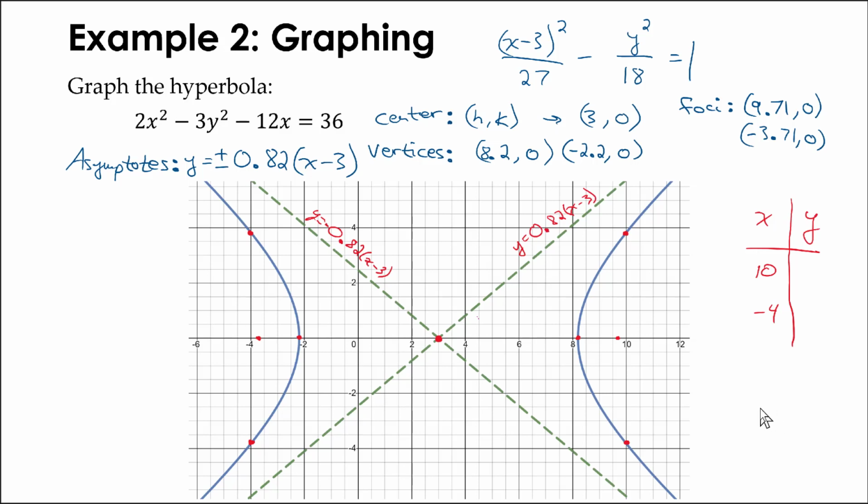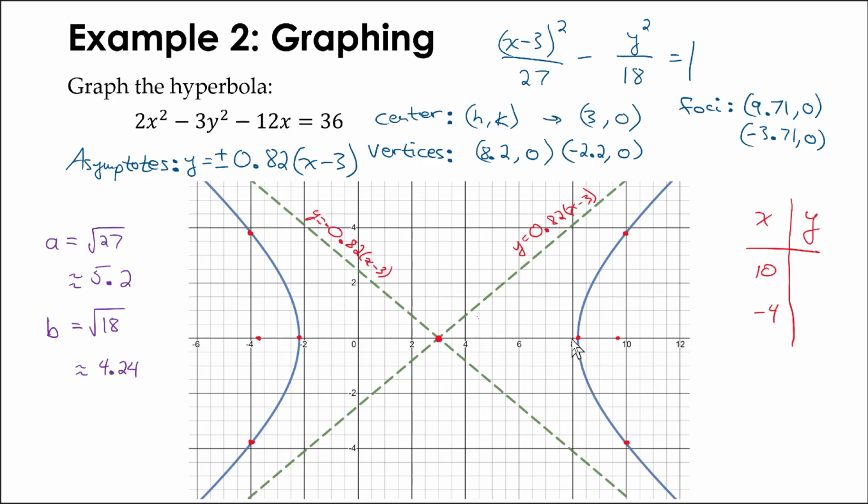But what I do want to show you with this graph here is I'm going to use my a and b values in a way that could help, especially with these asymptotes. So I mentioned if I go over a, right, my a is 5.2. So I start at the center, I go over 1, 2, 3, 4, 5, and then roughly 0.2. Okay, you'll notice this is my a length, right?